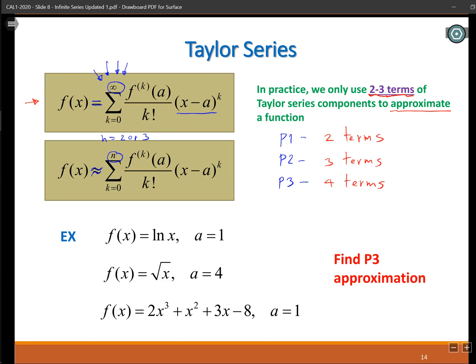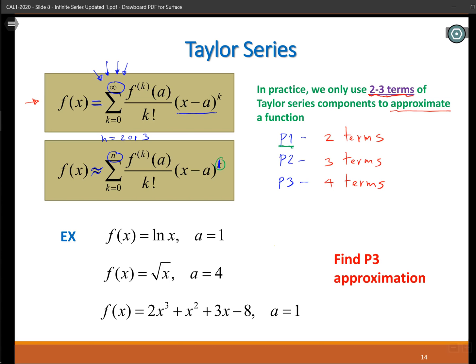Why is that? The reason for this is because P1 represents the first order polynomial approximation. First order polynomial approximation would have this k equal to 1 right here. This is the same 1 right here, same as this 1.